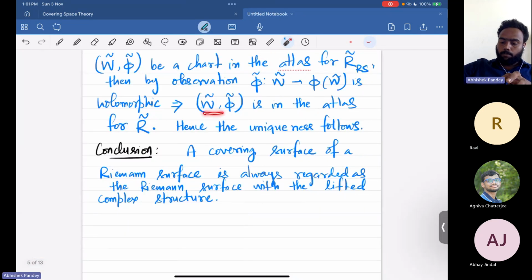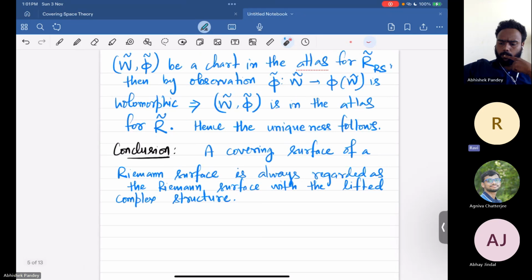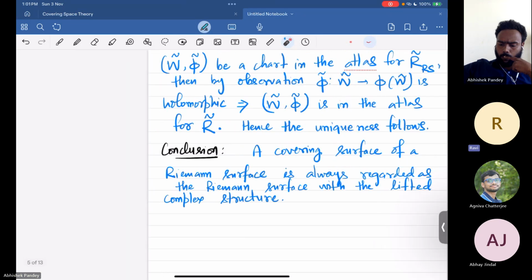So W tilde and phi tilde will be in the atlas for R tilde also. Here is the problem: we are changing the atlas. That's a little bit of a problem for me, because in our observation both atlases are the same up to restriction.